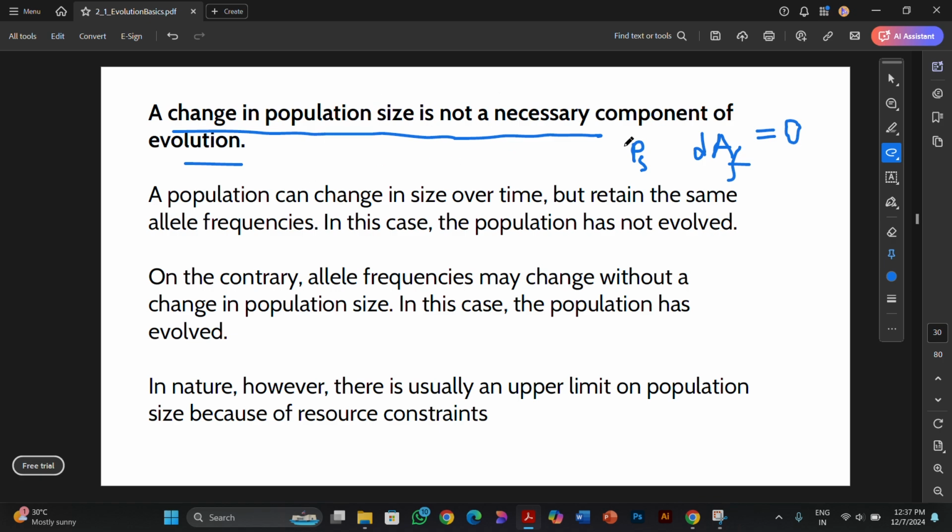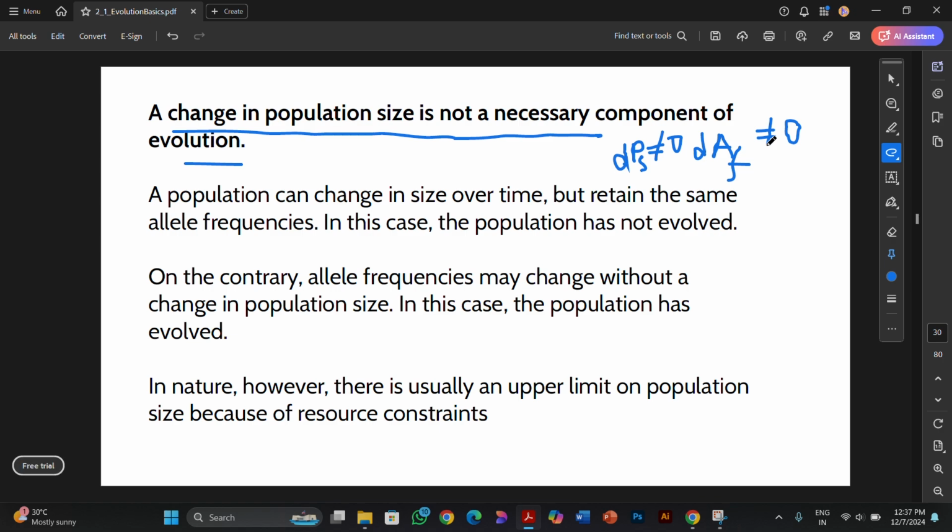But let's say the change in population size is not equal to 0, and the change in allele frequency is also not equal to 0, then it's surely an evolution.